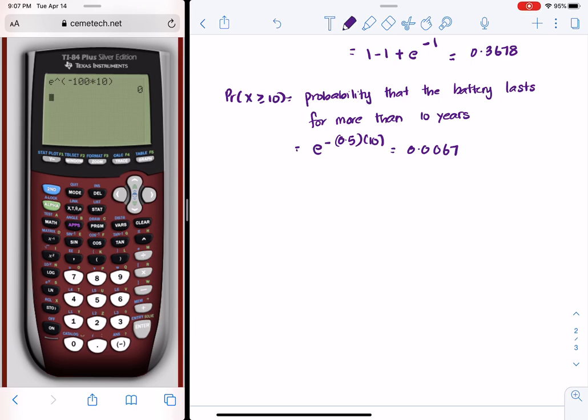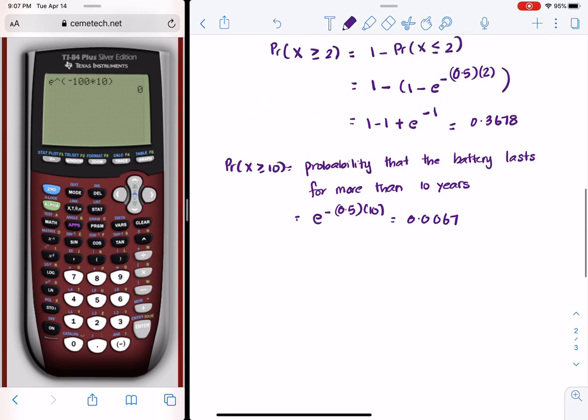You may say, well, it doesn't make any sense, because if I said that the battery is going to last for 100 years, and here I have a simple question, what are the chances that it is going to last for more than 10 years? Why should this probability be 0?